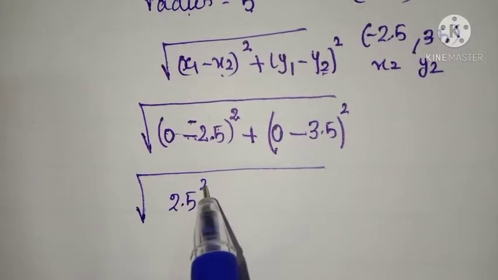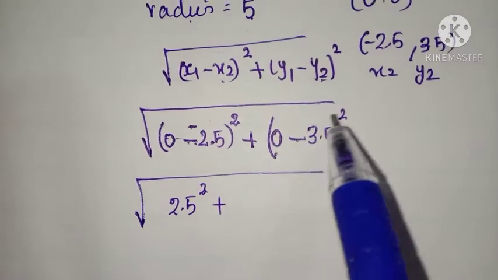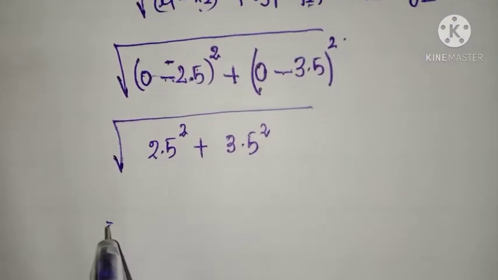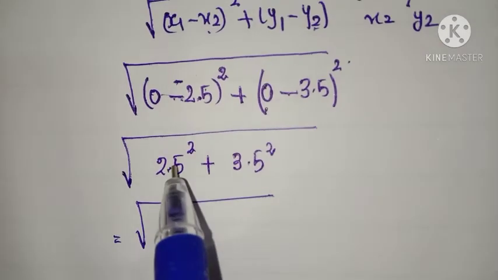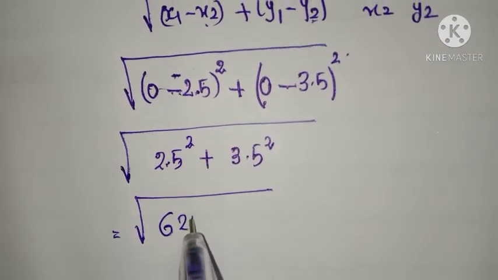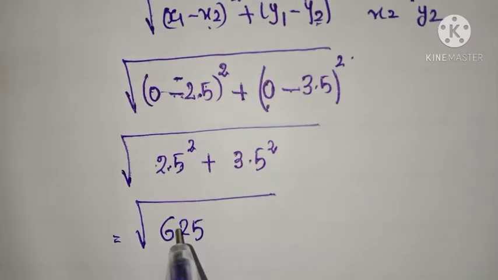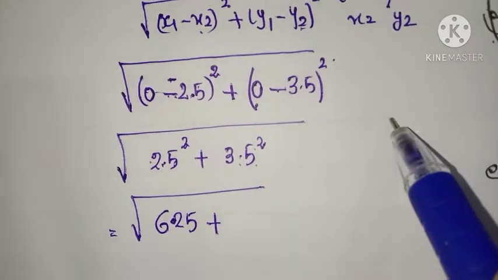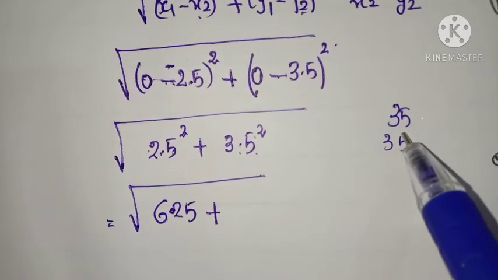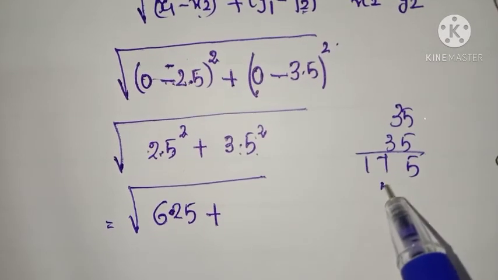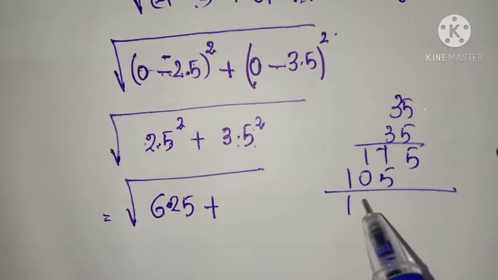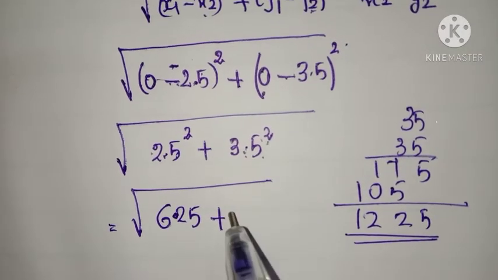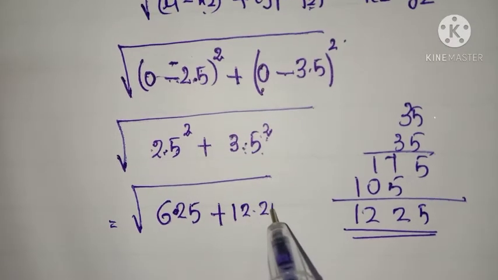So 2.5 squared is 6.25, plus 3.5 squared. 35 squared is 1225, so 3.5 squared is 12.25.